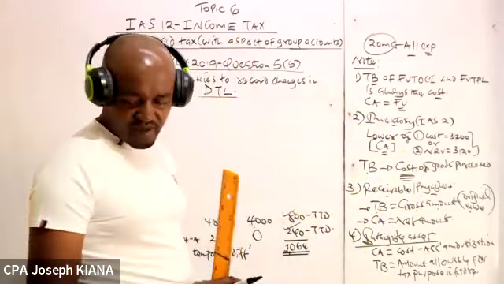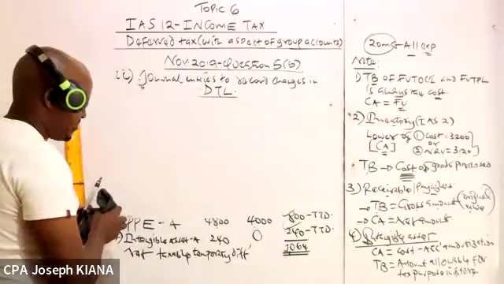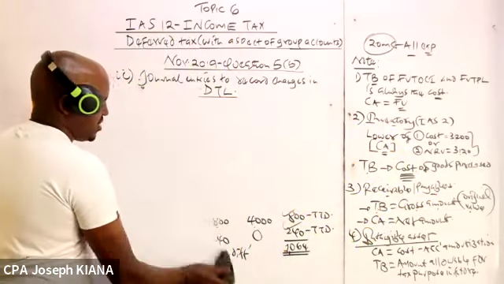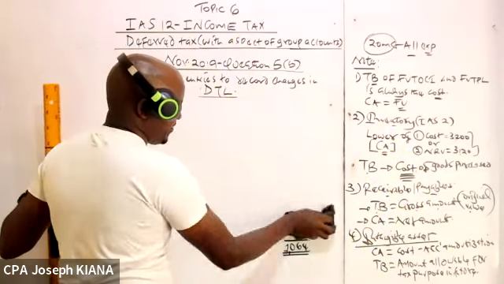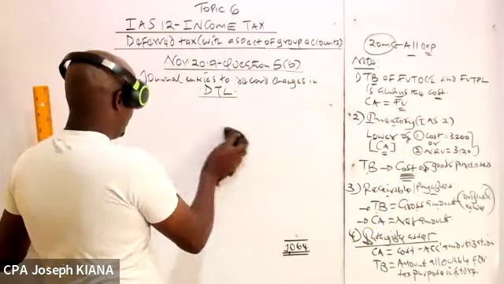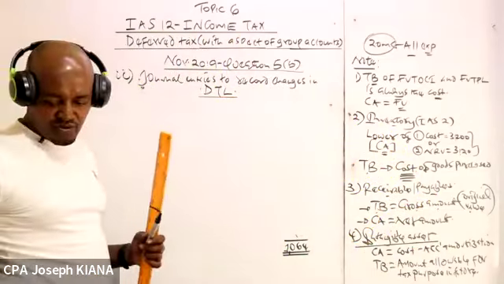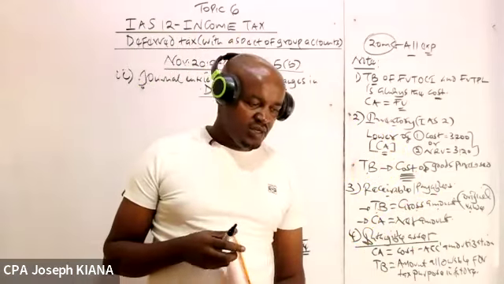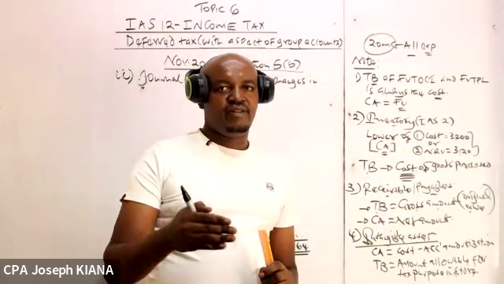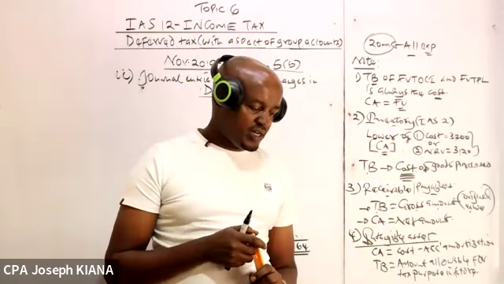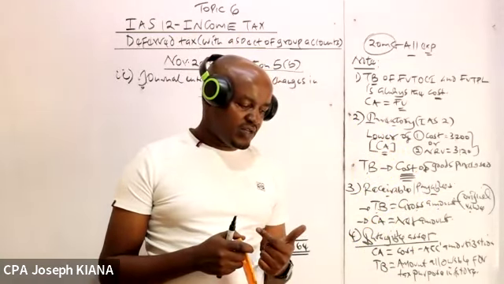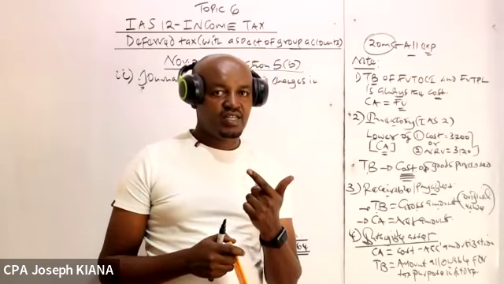And now, for us to be able to make these journal entries, there is something I want us to do first of all. I want us to prepare something called the deferred tax account, because by preparing it, we'll be able to see some of the items which made the deferred tax to change. I hope you can recall, in paragraph 1 of this question, we are given the deferred tax liability at the start.